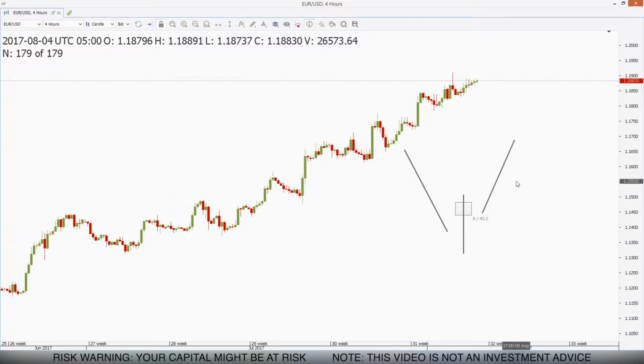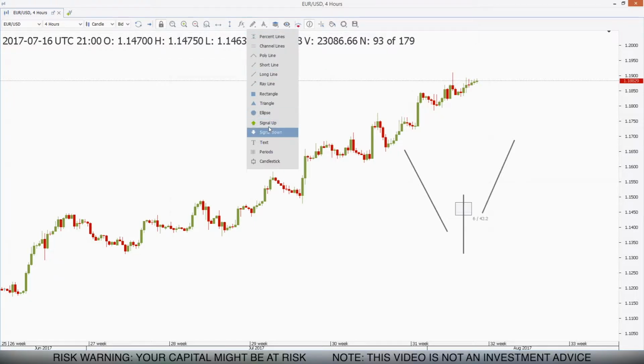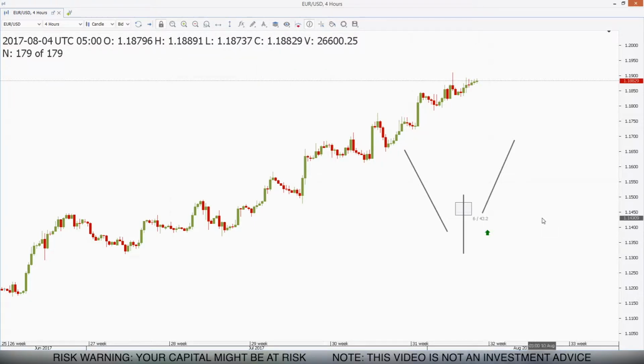So the way to go is to wait for a pullback into the shadow. This is the shadow of the candle, into the shadow, like 50% or 61.8 before buying call options on a hammer like this. So a call option on the 50% retracement would be appropriate.